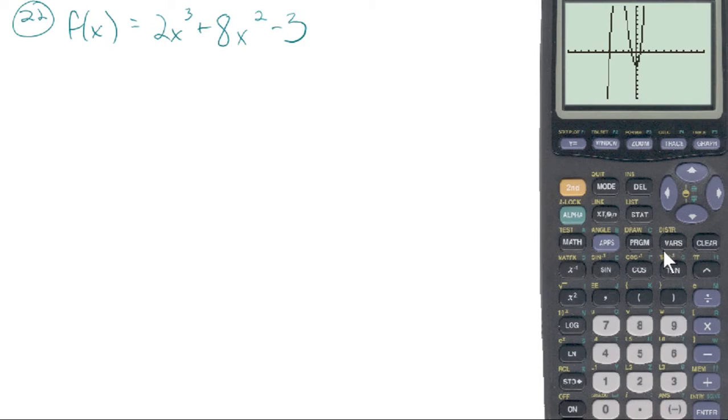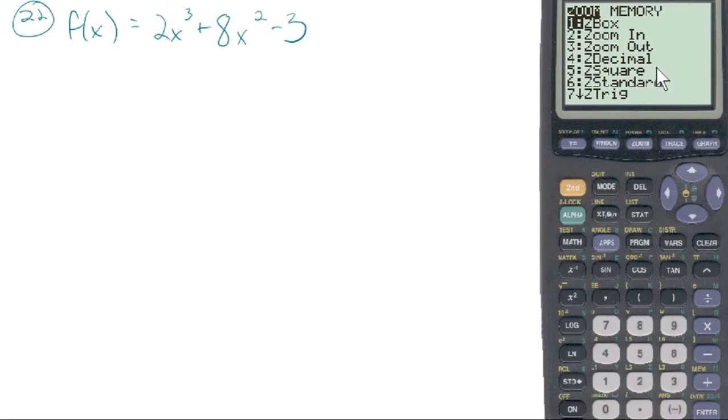It asks us to identify the x-intercepts and points where the local maximums and local minimums occur. Okay. Well, here's a useful piece. We can't see this maximum. We can see that it goes up and then comes back down. So somewhere up here is a maximum, but we can't see it. So I know what I'm going to do, but you could zoom out.